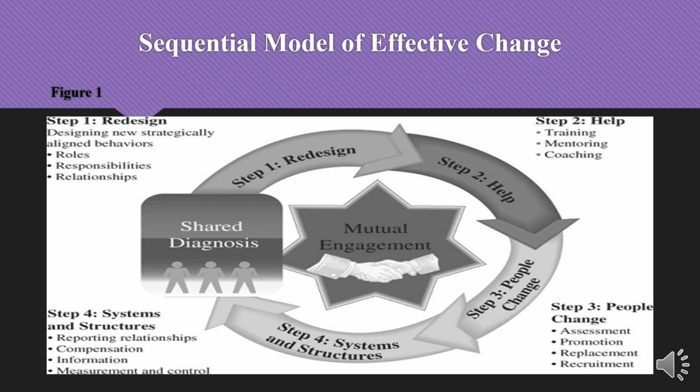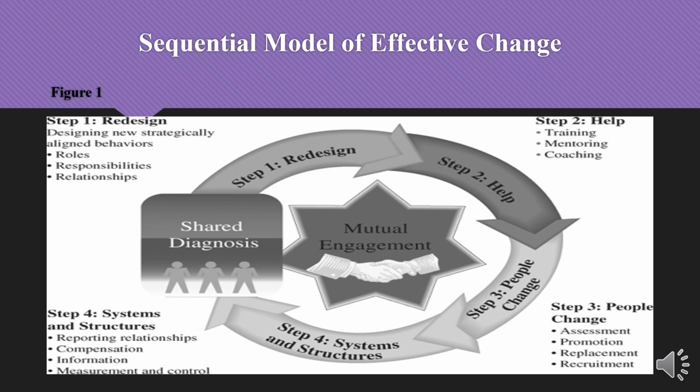Figure 1, Sequential Model of Effective Change. This figure appears to be self-explanatory, and at the beginning it has shared diagnosis as the foundation upon which every effective change can be based. There are 4 steps involved here.